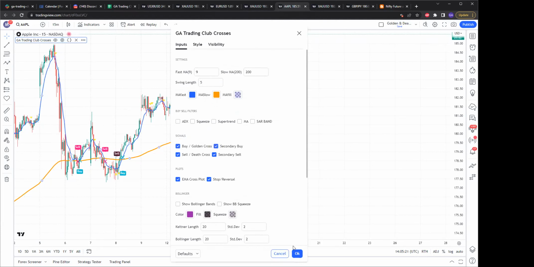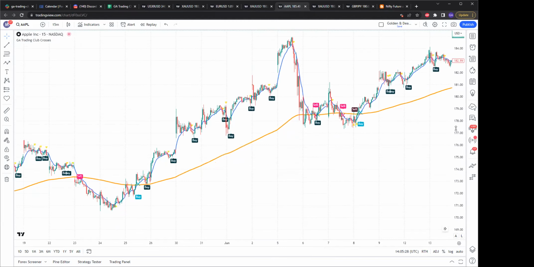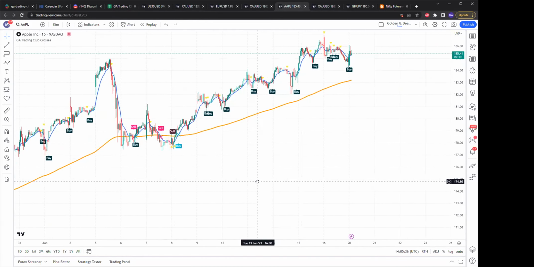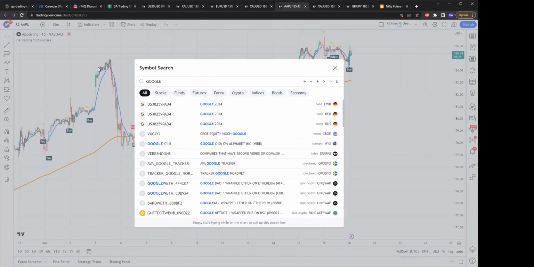So if I look at Apple right here, I can easily trade it. And I believe you can even trade stocks with challenges like FTMO. So you could easily use any of these indicators to trade other instruments as well.